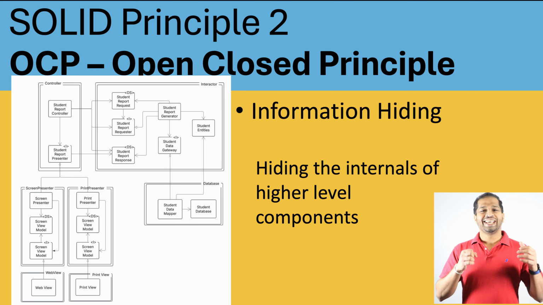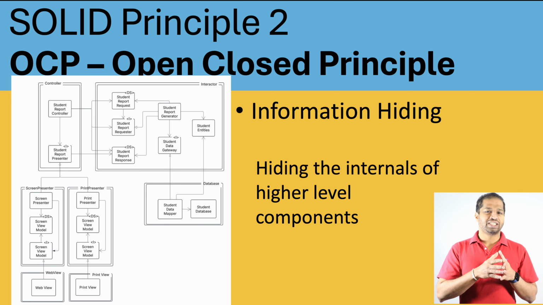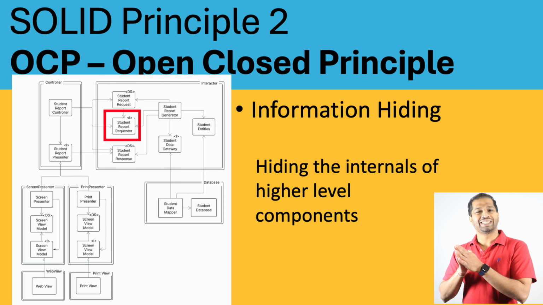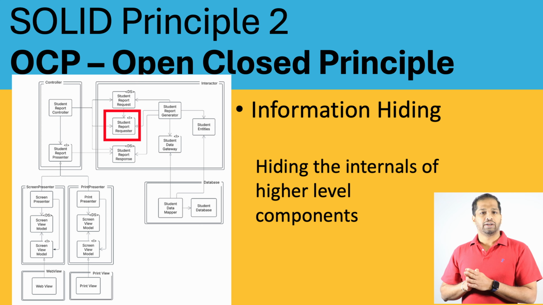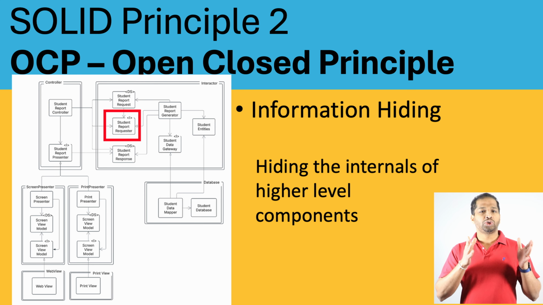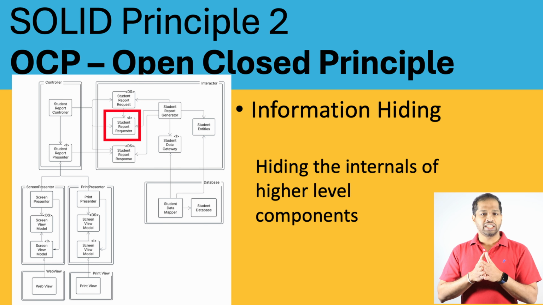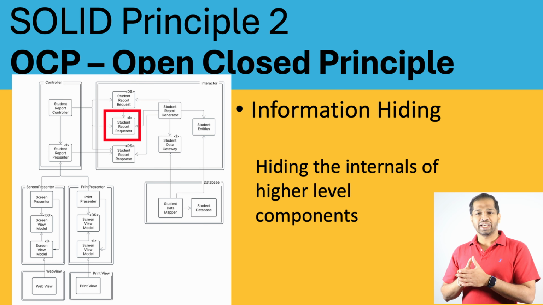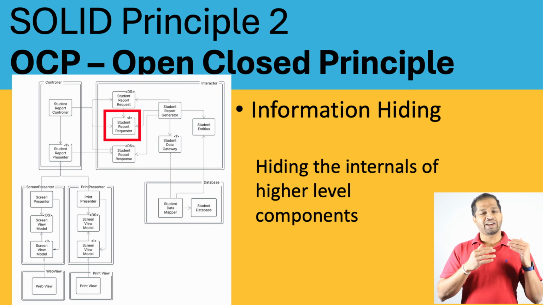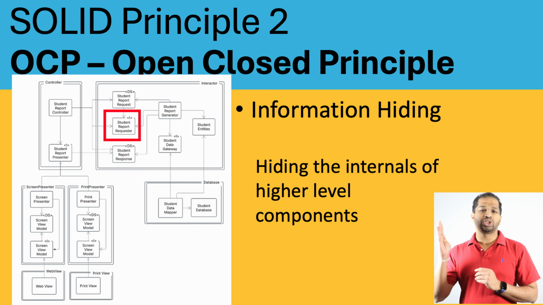The second one is information hiding, which is served by the student report request interface. It is there to protect the student report controller from knowing too much about the internals of the interactor. If that interface were not there, then the controller would have transitive dependencies on the student entities.